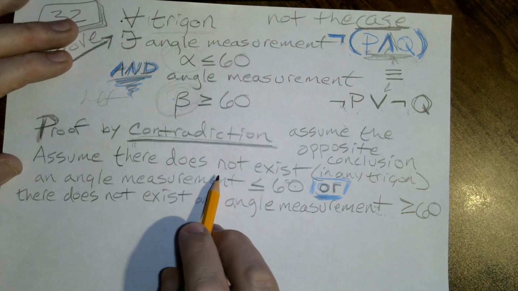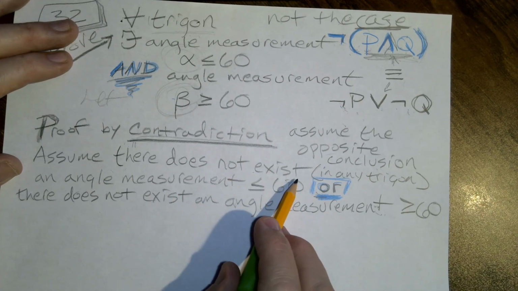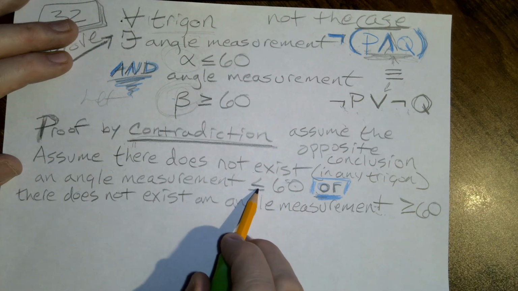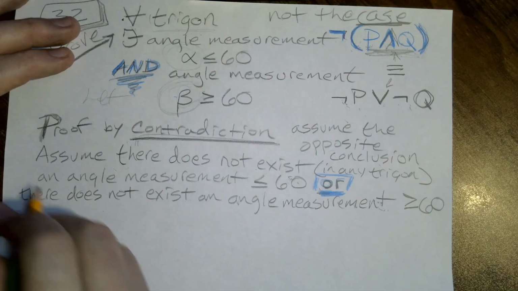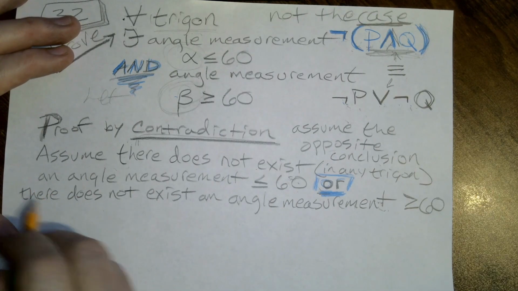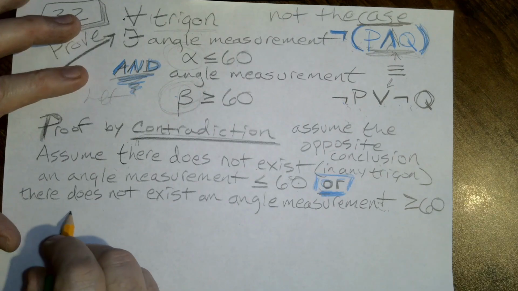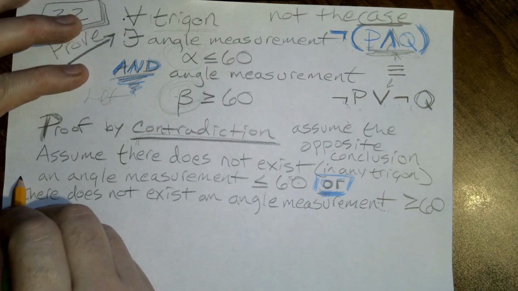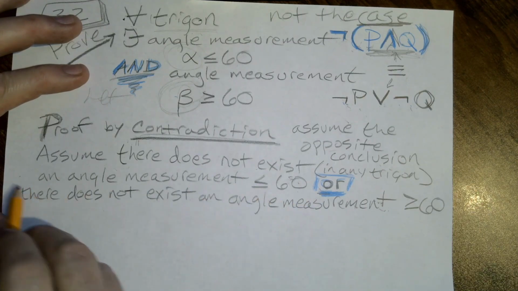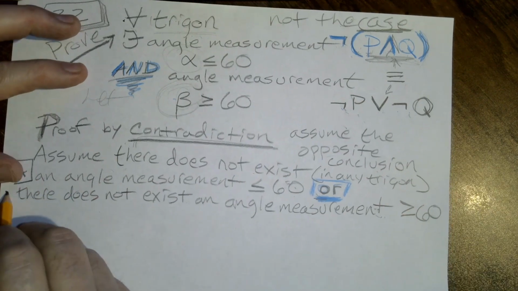So if it's true that there does not exist an angle measurement less than or equal to 60, that means, let's see, assume there is not. We'll call this A, and we'll call this one B.